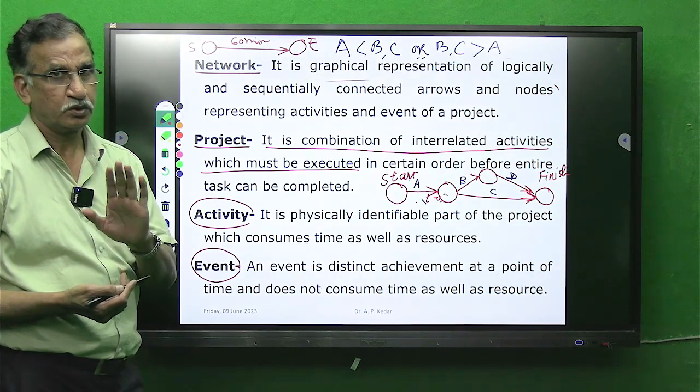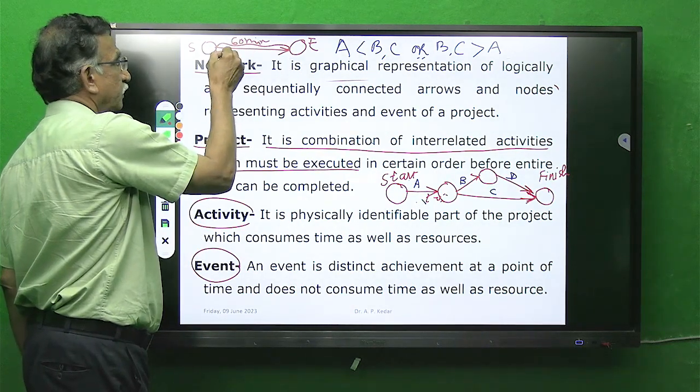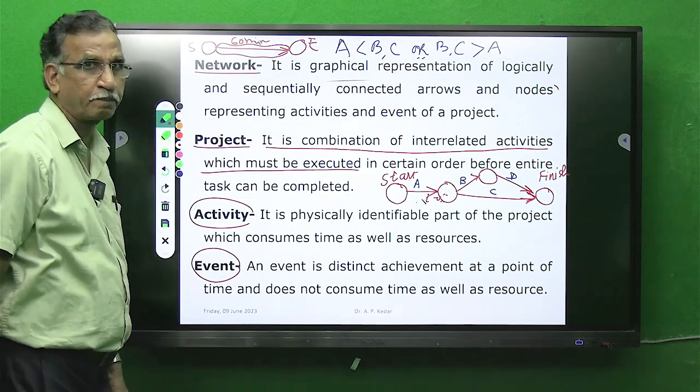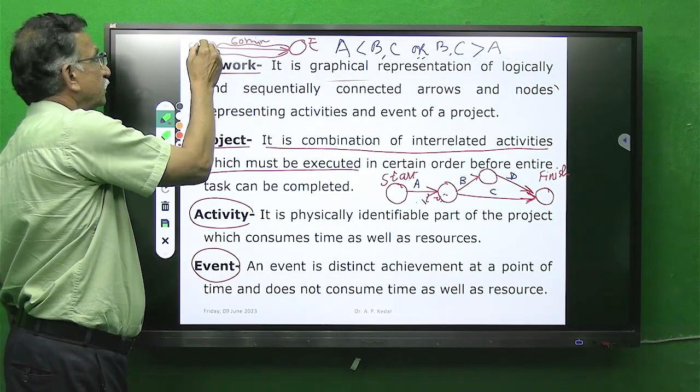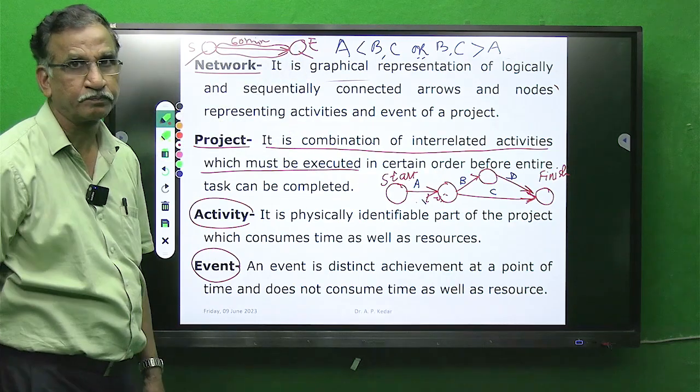So this particular portion is the activity, this is an event, this is also an event.